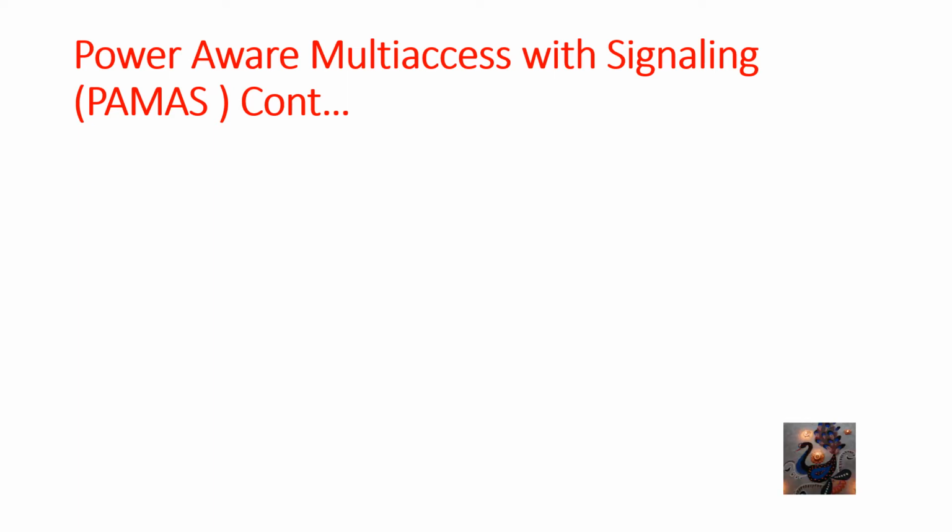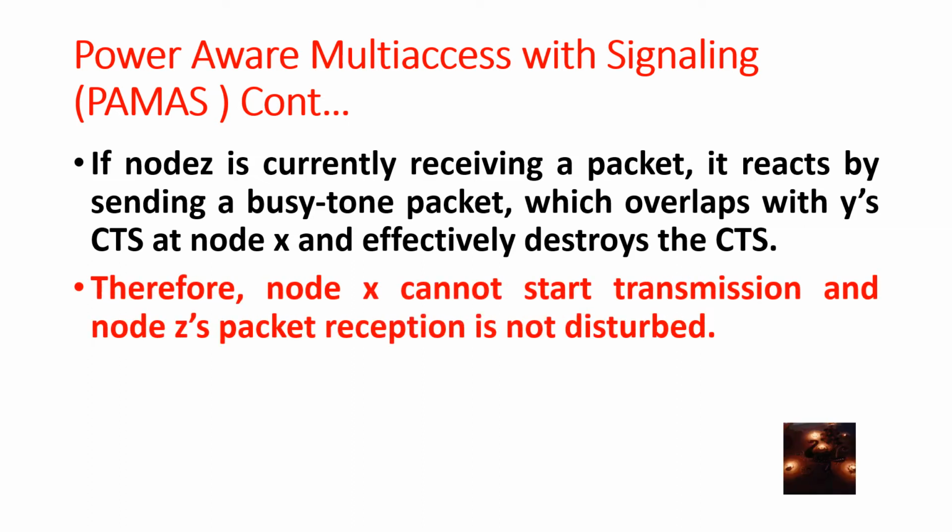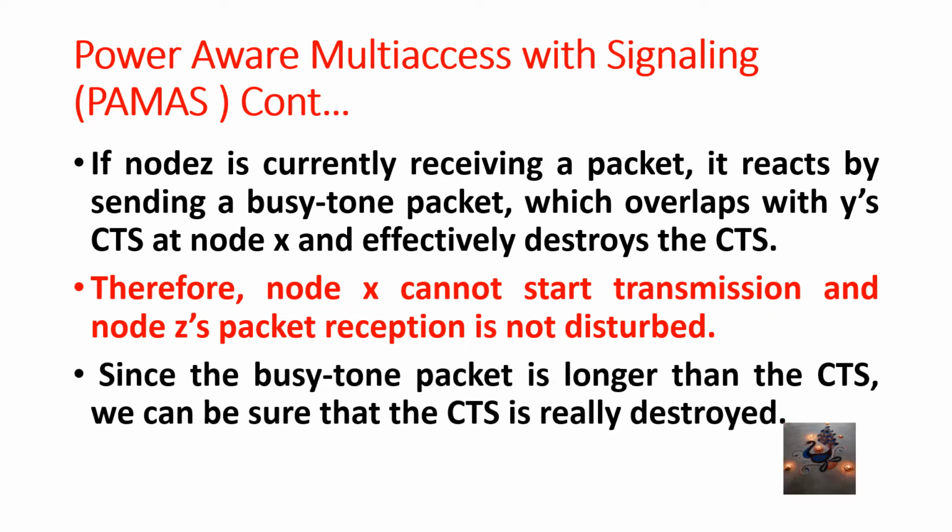If node Z is currently receiving a packet, it reacts by sending a busy tone packet, which overlaps with node Y's CTS at node X and effectively destroys the CTS. Therefore, node X cannot start transmission and node Z's packet reception is not disturbed. Since the busy tone packet is longer than the CTS, we can show that the CTS is really destroyed.